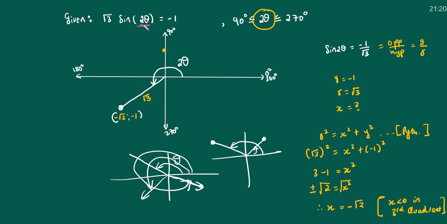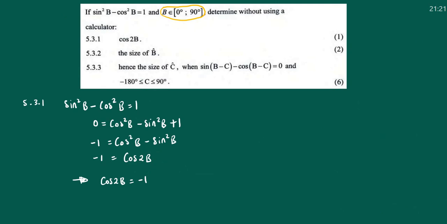Therefore 2 theta, we still draw it from the origin to where your line is. So just to summarize, this is an indication of where your angle could be, and what determines where your angle is, is the sign of the ratio. And then the angle itself would be drawn from the 0 line to where your diagram is. All right, perfect. So that is just what we have there.